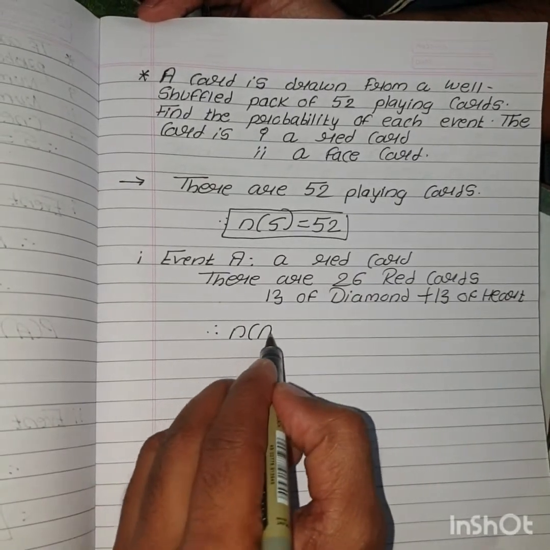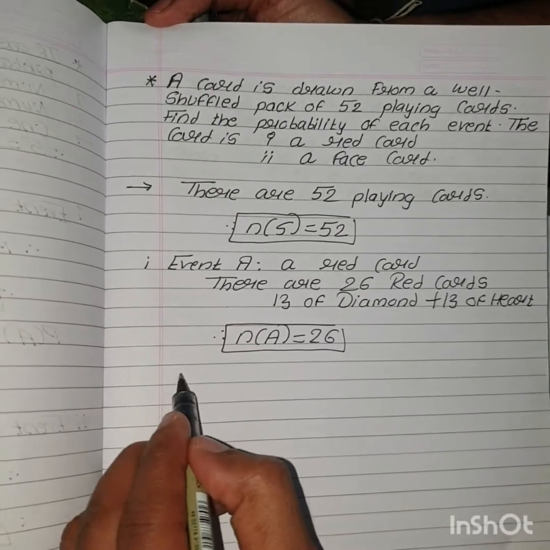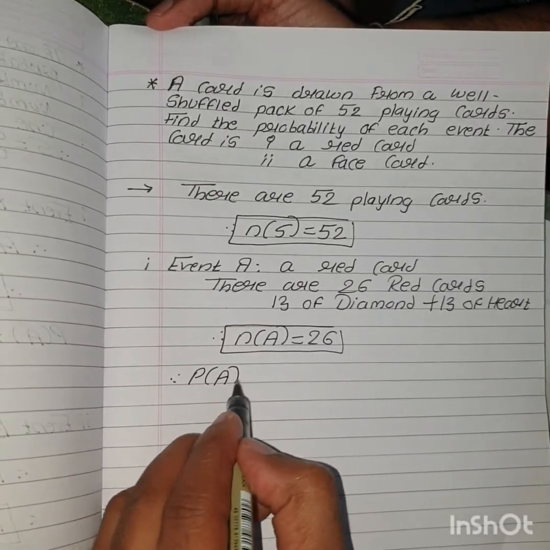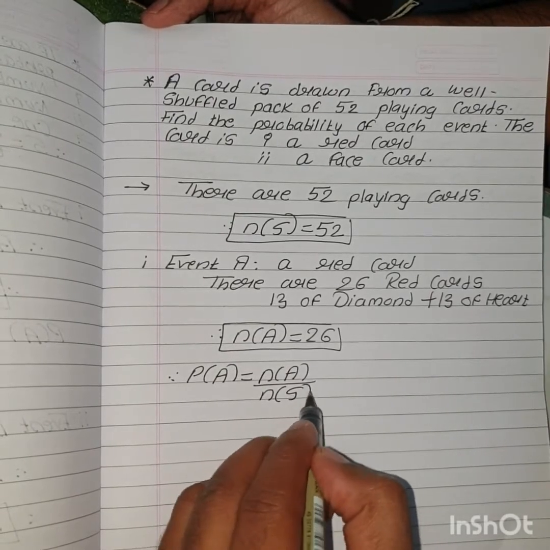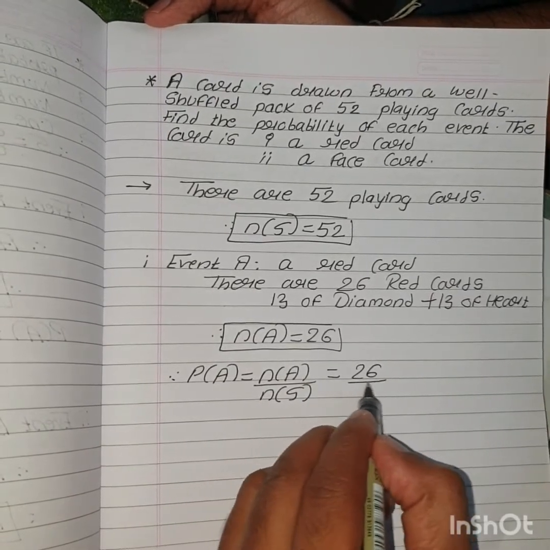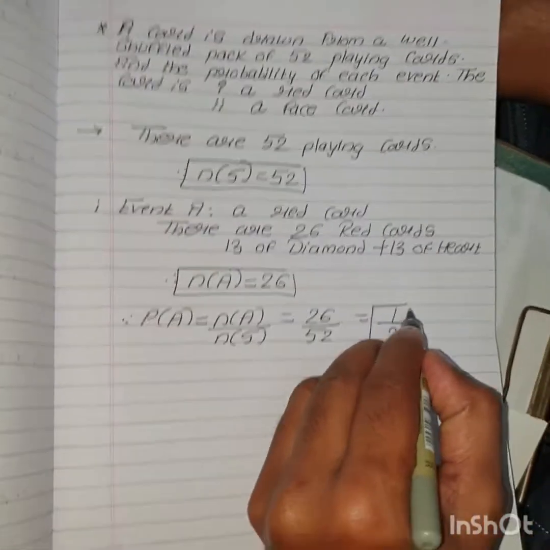Therefore n of A is equal to 26. Therefore P of A is equal to n of A upon n of S, 26 upon 52, that is equal to 1 upon 2.